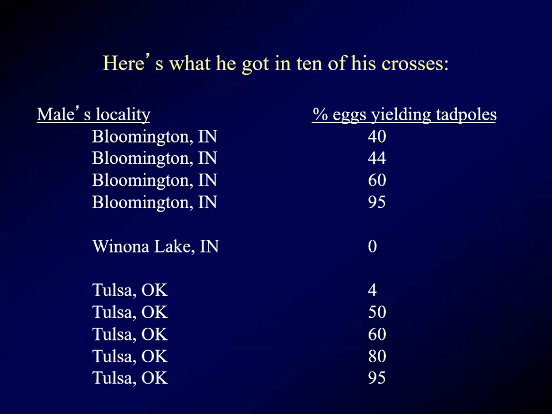When he collected male americanus from a different lake in Indiana, he got nothing. And then when he collected a bunch of toads from Tulsa and crossed them with his Indiana females, he got everything from almost nothing to almost everything. From 4% of the eggs yielding tadpoles to 95% of the eggs yielding tadpoles.